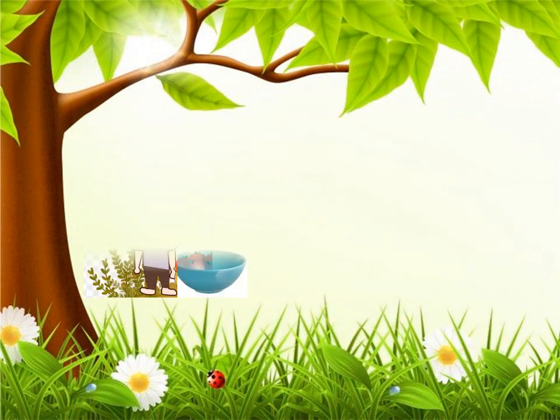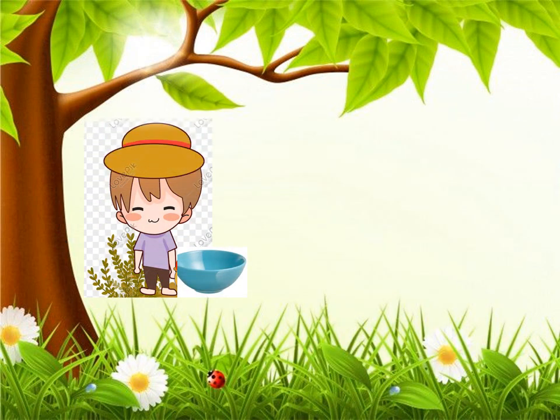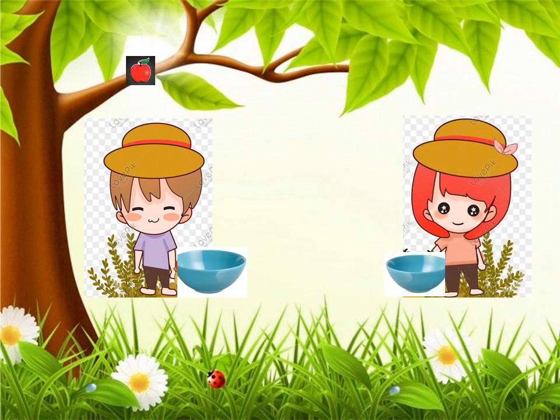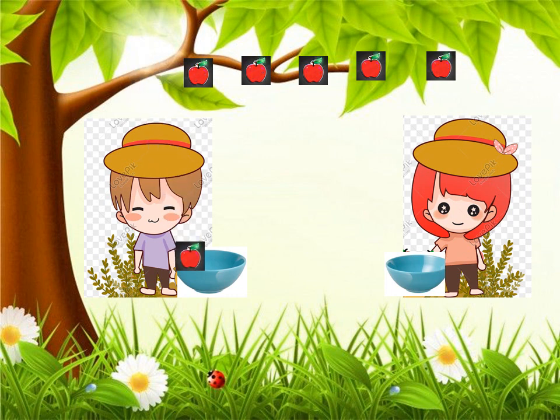First, we will count the apples they had plucked. 1, 2, 3, 4, 5, 6. Now we will distribute the apples among the two children. Give one apple to each.